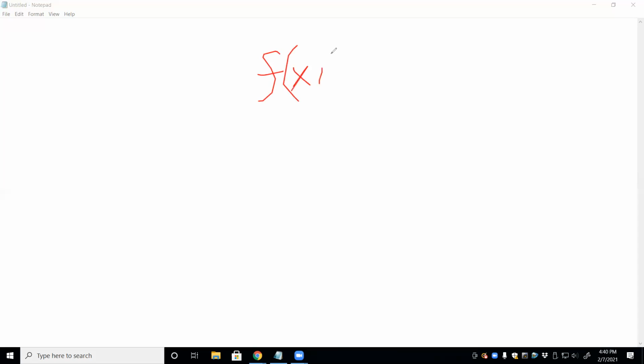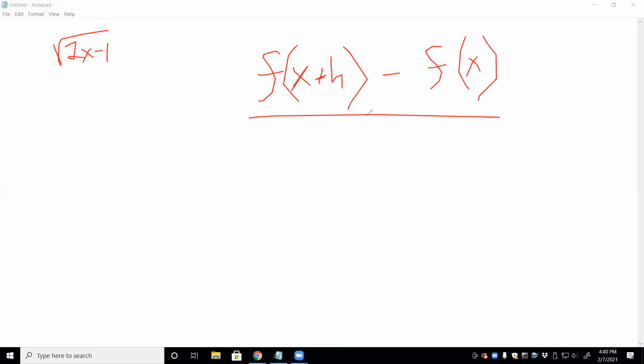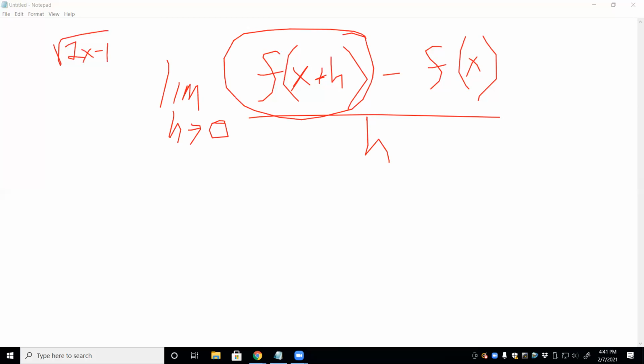The function is the square root of 2x minus 1. For some reason with this kind of stuff, I always get confused on what I'm plugging in for what. Let me make it real clear. The way you always start these problems is by defining f of x, which we've already defined, and then defining f of x plus h, and then just substituting.